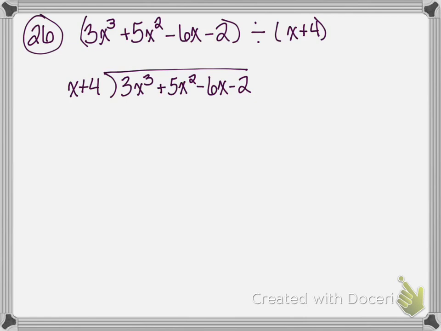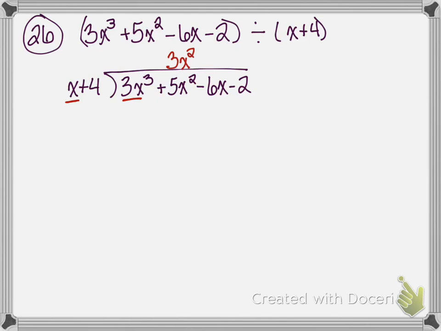Okay. And then we ask ourselves, x times what gives us 3x to the third? X times what gives us 3x to the third? And that's going to be 3x squared. Good. 3x squared. Okay.